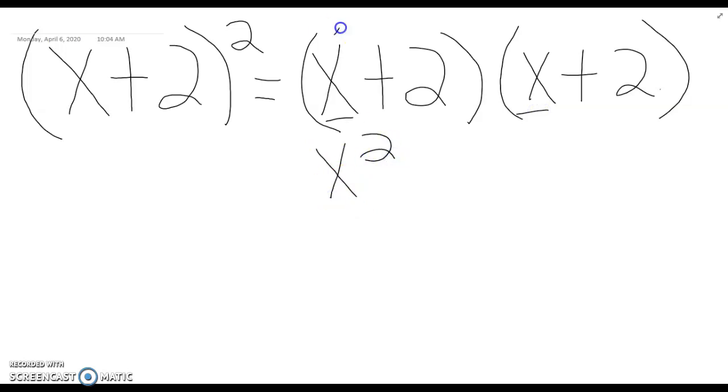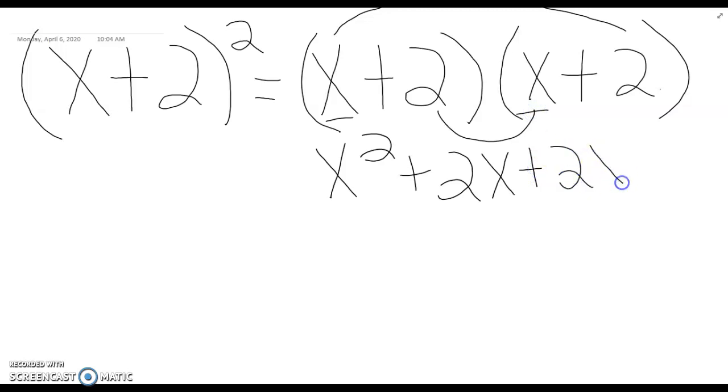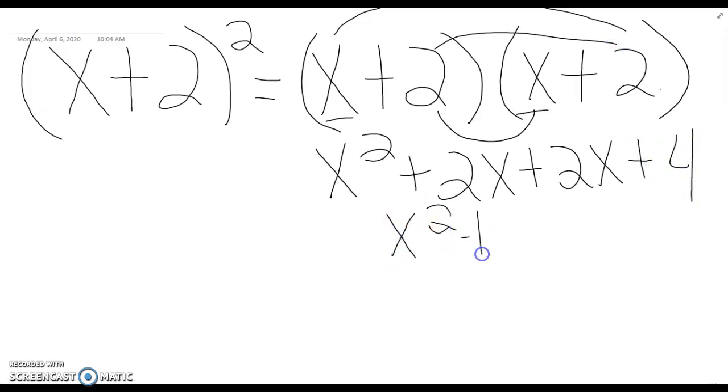Then the last, which would be 2 times x, or 2x. The inside, which is 2 times x. And then the last 2 times 2, which is 4. When I combine my like terms, I get x squared plus 4x plus 4.